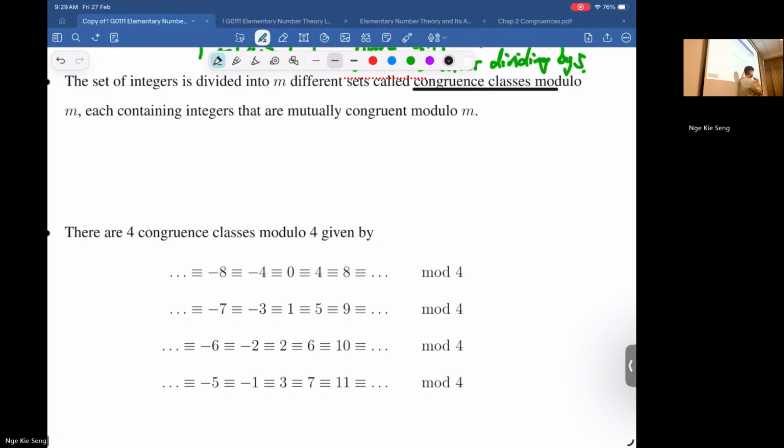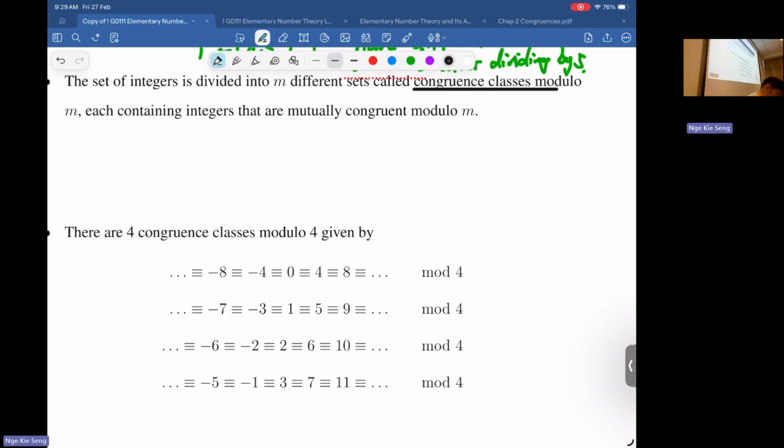Then you get this. How about class 2? You just add 2 to class 0. And then 3. What if you add 4 again? You get back to the same 0 class, just shifted. If you add 4, you go back to the same set of numbers.